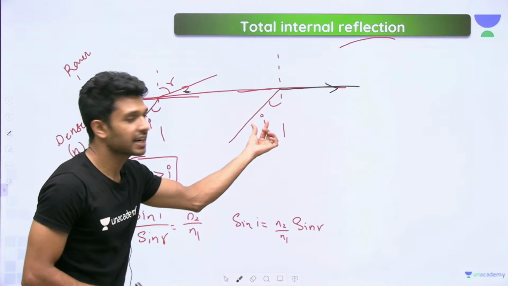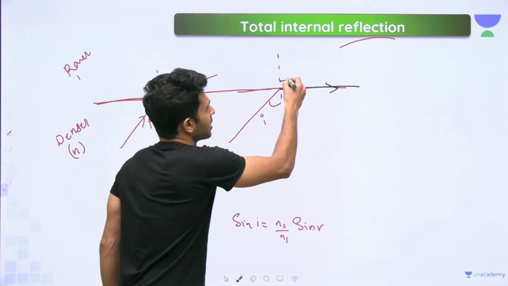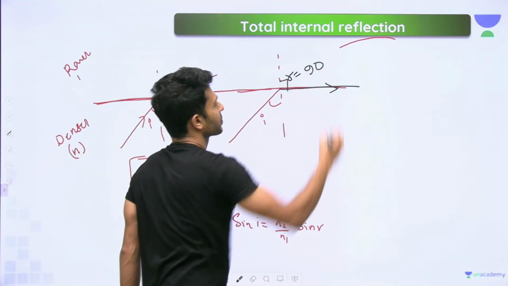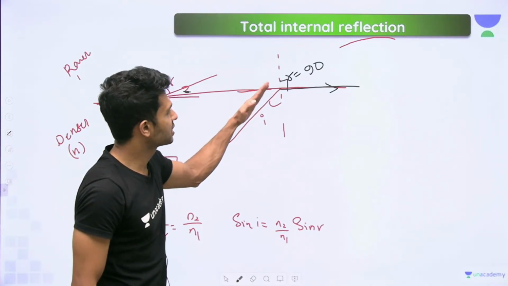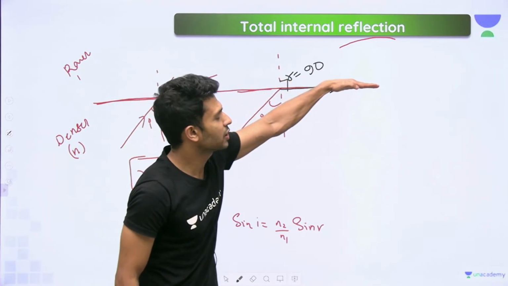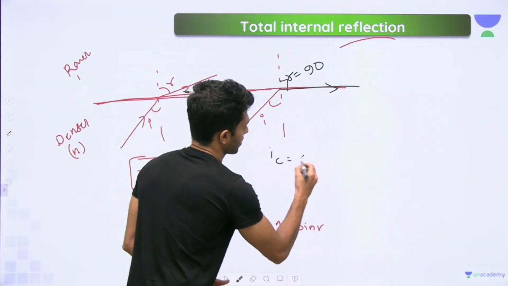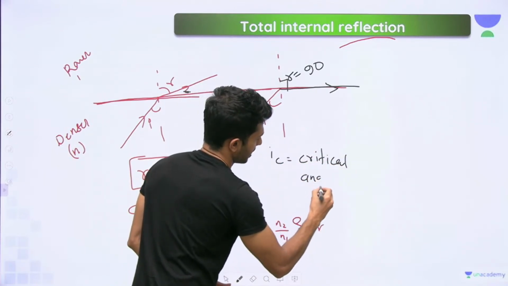So this angle of incidence at which the angle of refraction is 90 degrees, or this angle of incidence for which the refracted light ray just grazes through the line of separation, is called the critical angle.